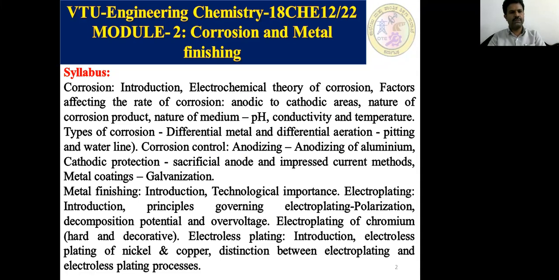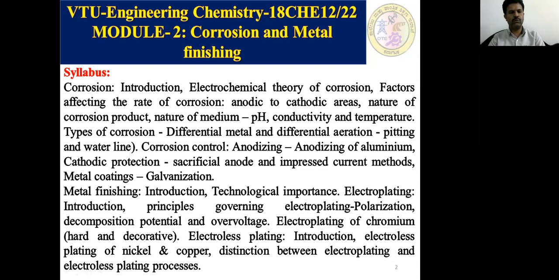The other part of the module, metal finishing: introduction to metal finishing, technological importance of metal finishing, electroplating, in which introduction to electroplating, principles governing electroplating such as polarization, decomposition potential, and overvoltage, electroplating of chromium.